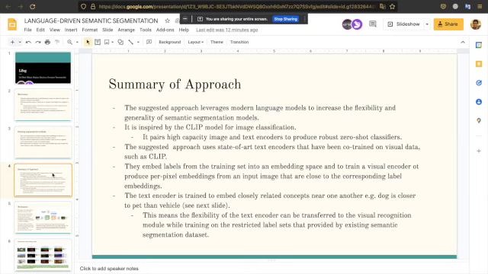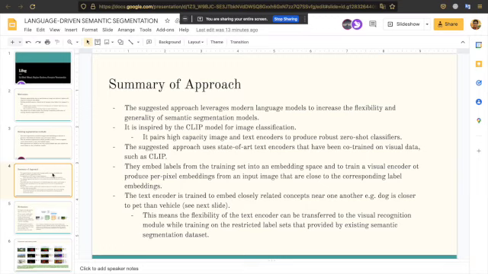Both of these embed the meaning of the two inputs, and they're able to combine both into a separate model. The text encoder this particular model uses is the CLIP text encoder, and the image embedder is the dense prediction transformer. So it pairs high capacity image and text encoders to produce robust zero shot classifiers.